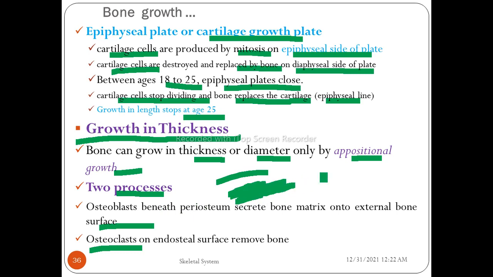So the bone becomes like this. The diameter increases because osteoblasts secrete matrix on the outer surface, whereas osteoclasts degrade on the inner surface. When they degrade it, the diameter increases, whereas when osteoblasts secrete bone matrix on the outer surface, it increases its thickness.